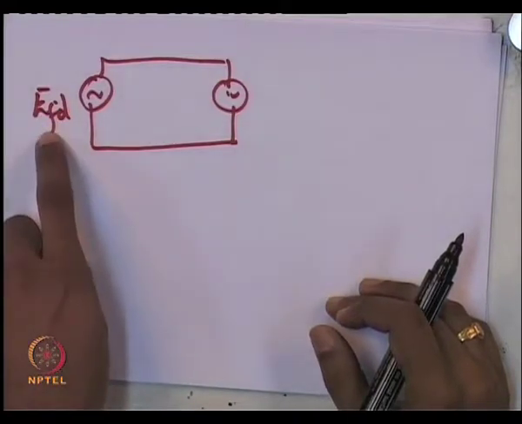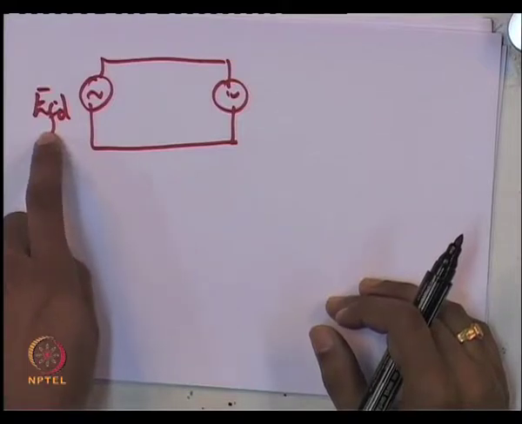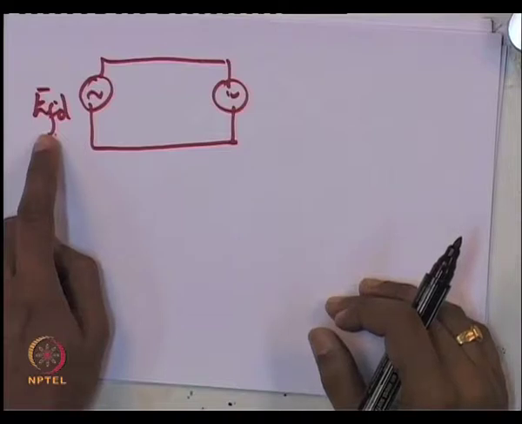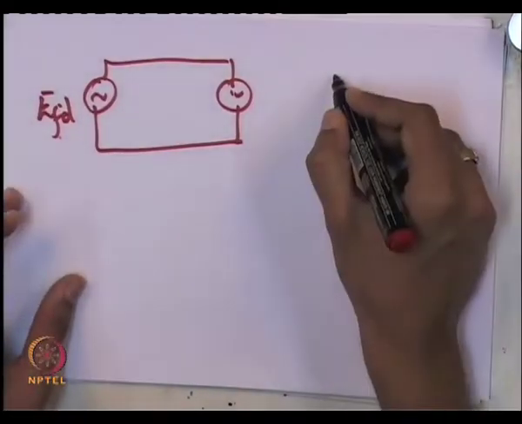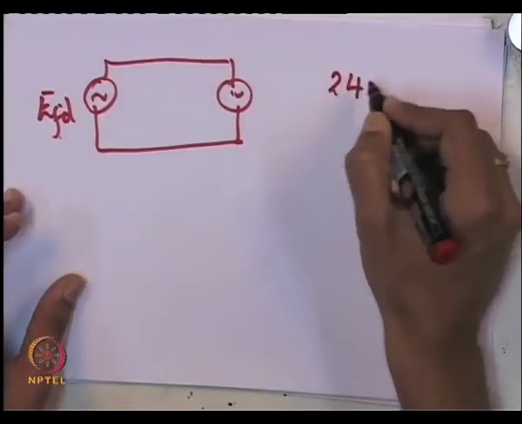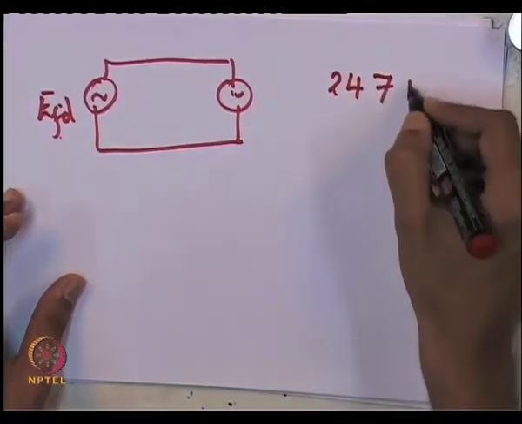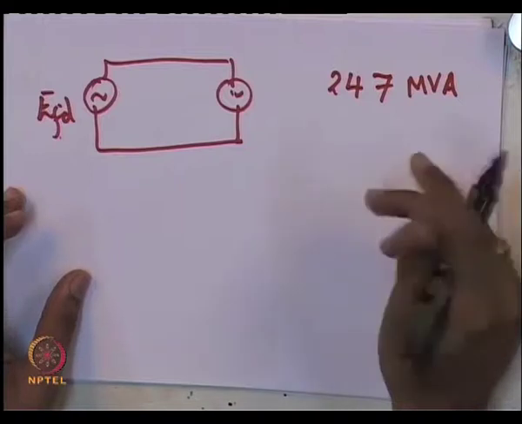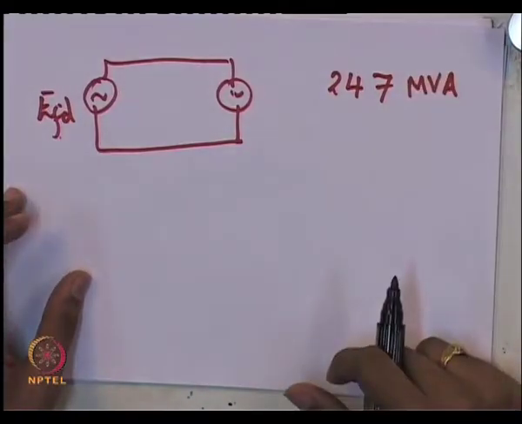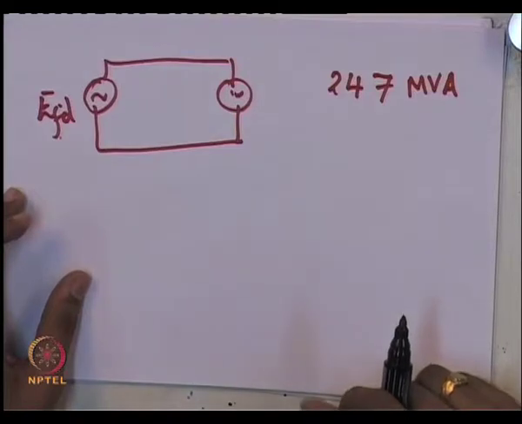In fact, you may have to even double the amount of field voltage whenever you load a machine from no load to full load conditions. If you look at a typical generator used in the Indian systems, it is a 247 MVA generator. This is a typical unit sizing found in most Indian power systems.